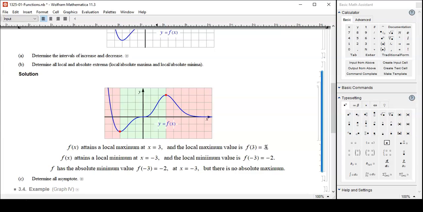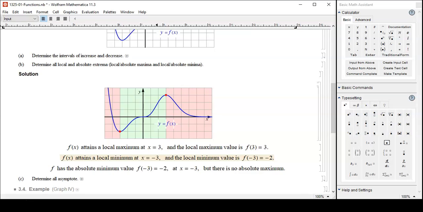So here we go. Attains a local maximum at x equal to 3, and local maximum value is this y-coordinate value 3. Attains local minimum at x equal to -3, and the local minimum value is -2. Sorry about the typo.